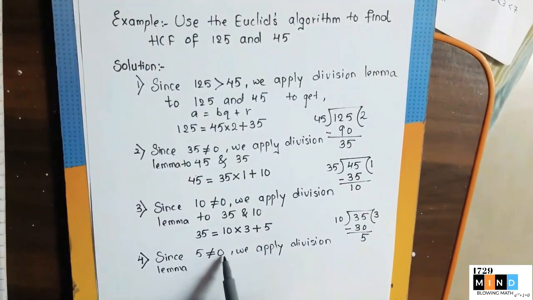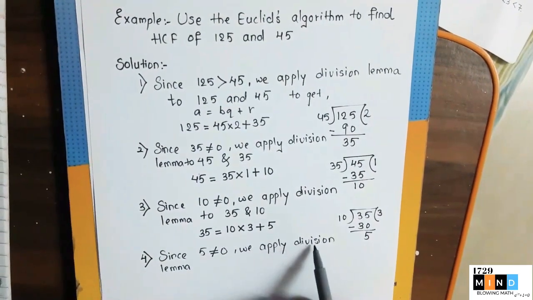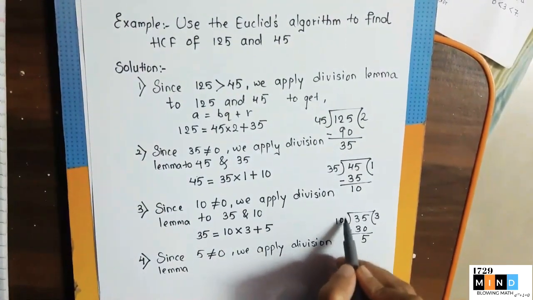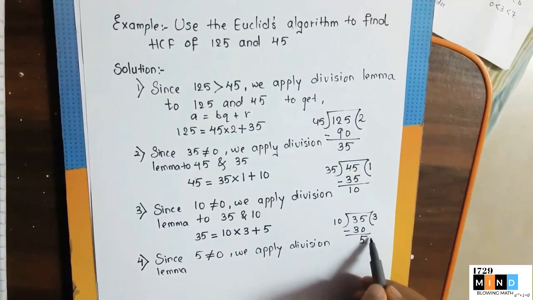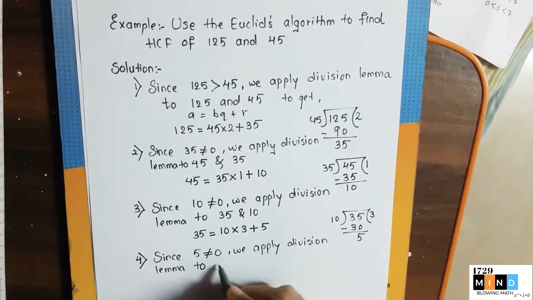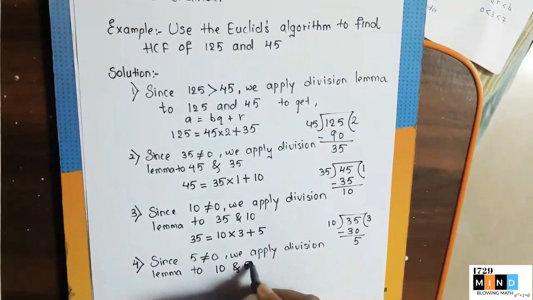Since 5 is not equal to 0, we again apply division lemma. Now our new dividend will be 10 and the divisor will be the remainder, that is 5. So we will apply division lemma to 10 and 5.